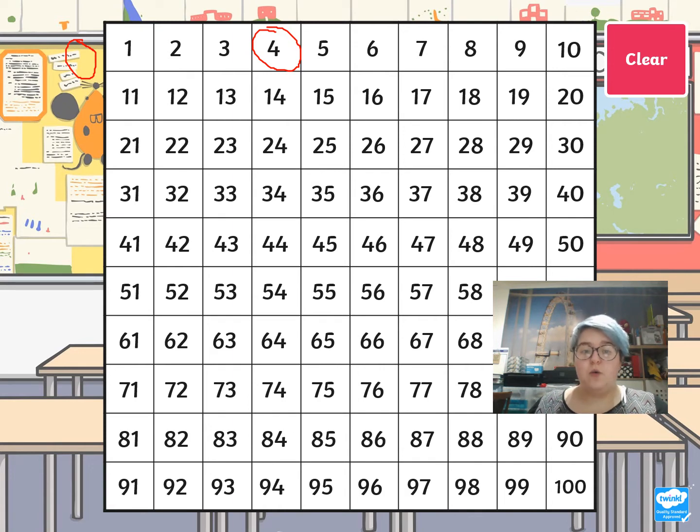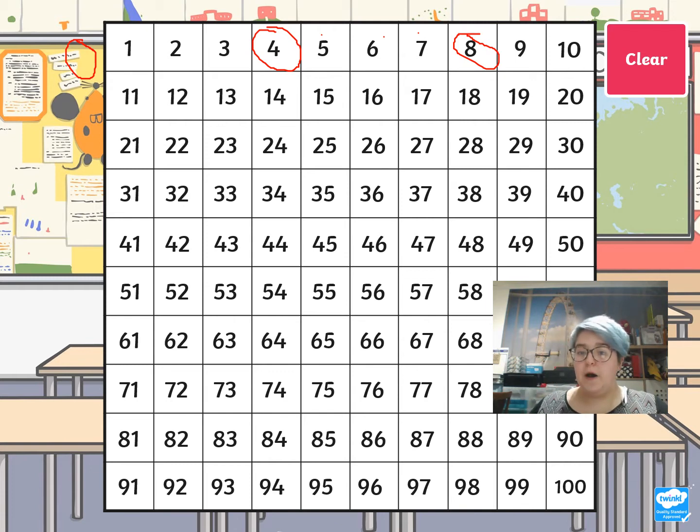Then that's 1 times 4 is 4. So to get our next station of the 4 times table, which is 2 times 4, we're going to count up another 4. So we're on 4, 1, 2, 3, and we're going to circle this number 8. So 4 times 2 is 8, okay.